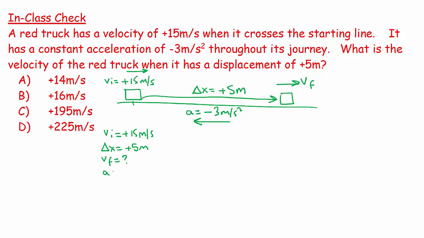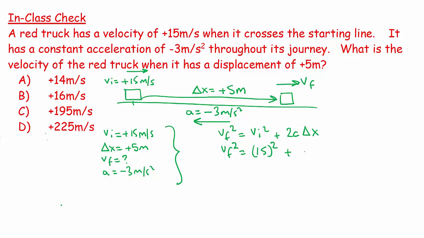And then A is equal to minus 3 meters per second squared. And I say we have what equation we're going to use. We're going to say VF squared equals VI squared plus 2A delta X. So VF squared, what I want to find, is equal to VI squared, which is 15 squared, plus 2 times A, which is minus 3, times plus 5.